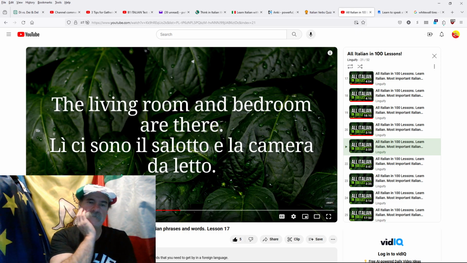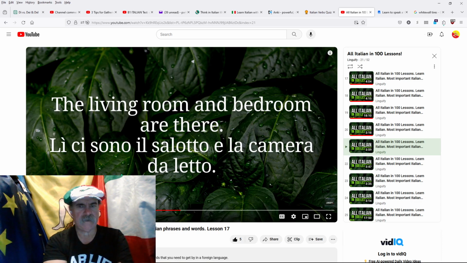So this has il salotto as living room instead of soggiorno. Soggiorno, right? Lì ci sono il salotto e la camera da letto. Camera is the bedroom?